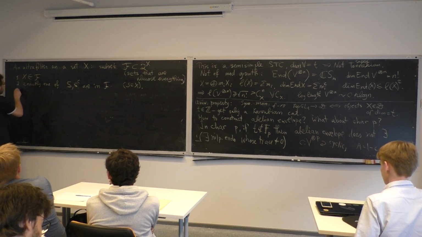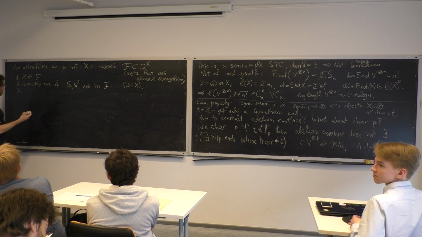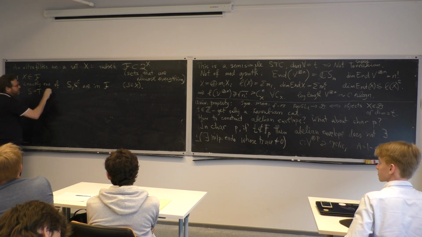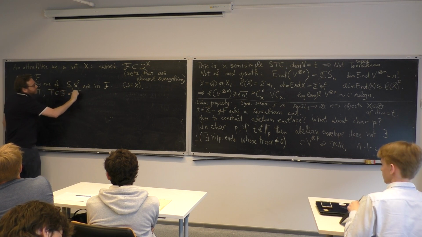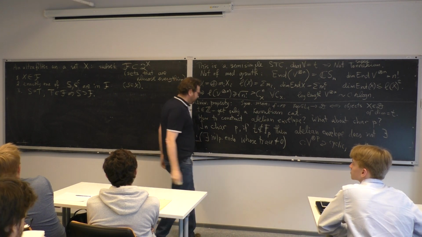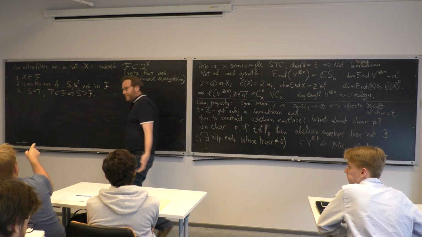Then, if you have a set S containing T, and T is in F, then S must be in F. So if you have a set which is almost everything and you add elements to it, then it's still almost everything.